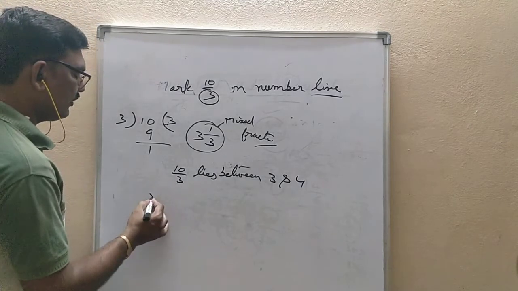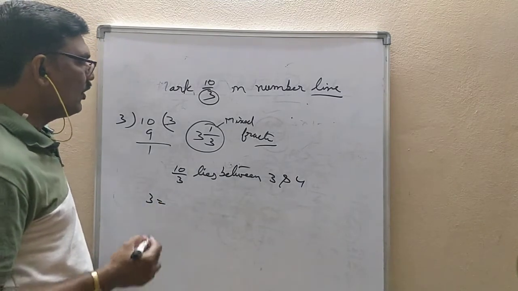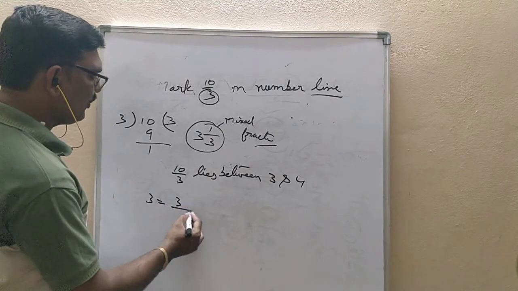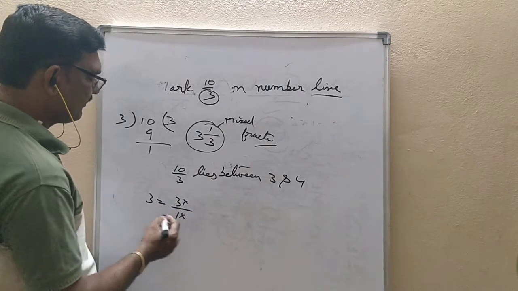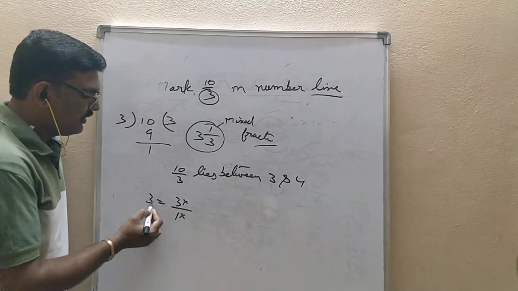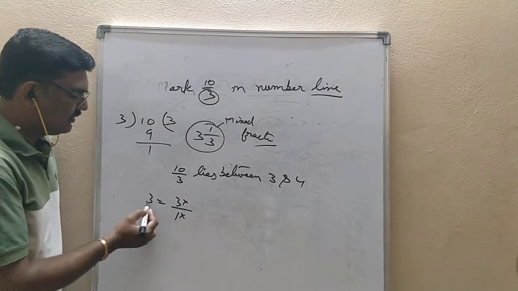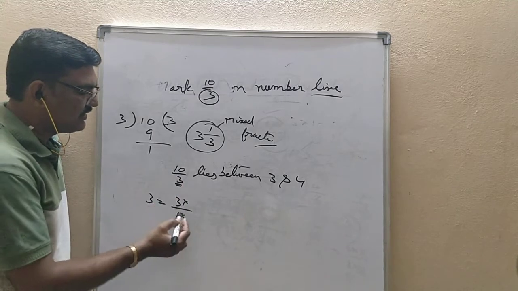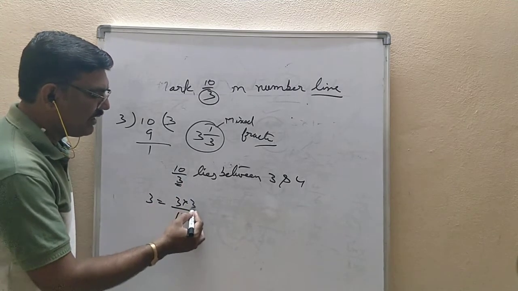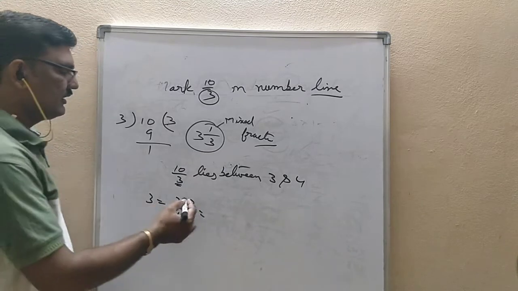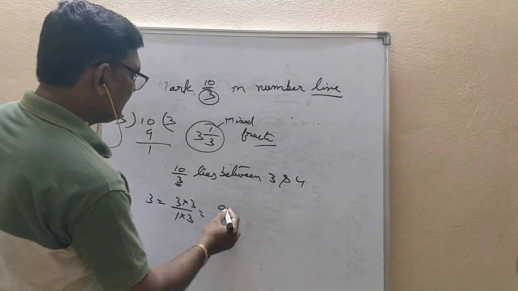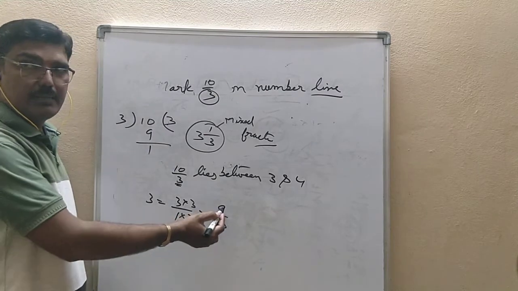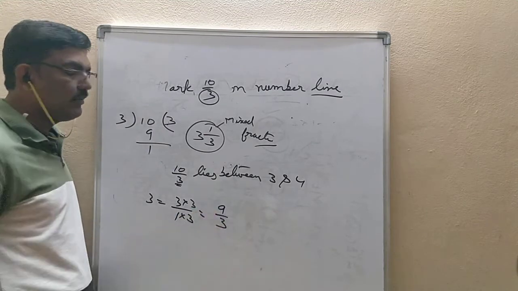So next, what you have to do? You have to write 3 with denominator 3. See, 3 means 3/1 only. But what denominator do you have to get? I have to get denominator as 3, so I have to multiply numerator and denominator with 3. So 3 can be written as 9/3.